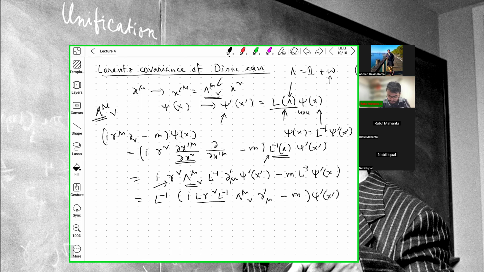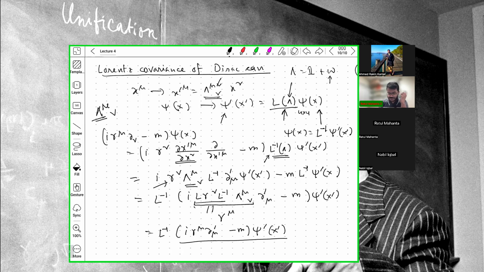So you see that this should be equal to gamma mu. Then we will get back the Dirac equation.